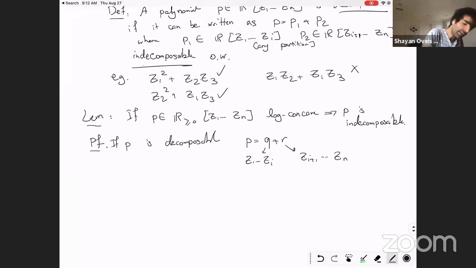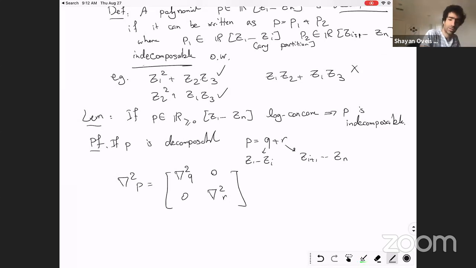Then I want to write the Hessian of P. Here is the point. The Hessian of P will be equal to the block matrix with Hessian of Q, 0, 0, Hessian of R, where we have the first i rows for Q, and the next n minus i rows for R.